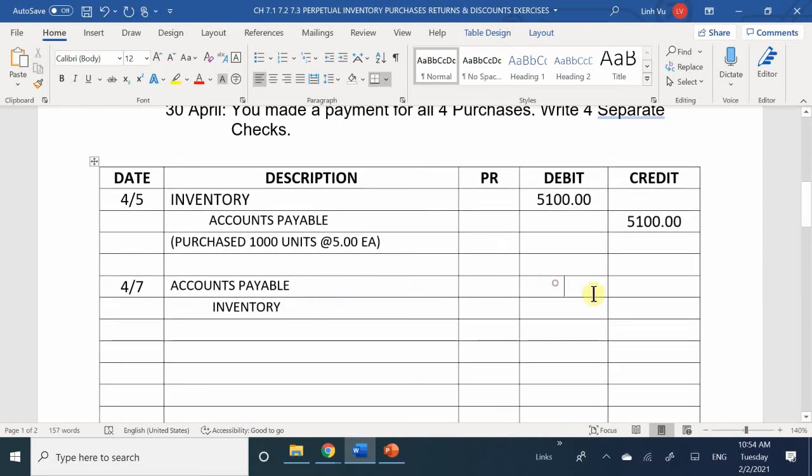Yes, you're going to return $1,000 back, or lower the amount that you owe by $1,000, and you're returning each item at $5 each. So in this case, I'm also going to indicate that I returned 200 units at $5 each for a full refund.